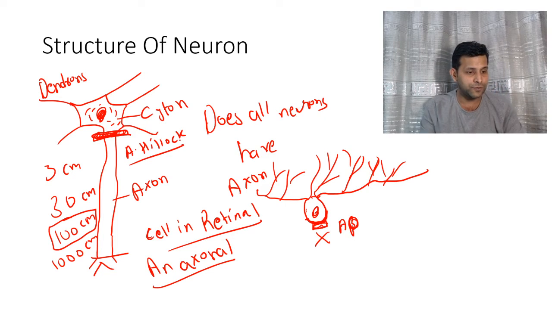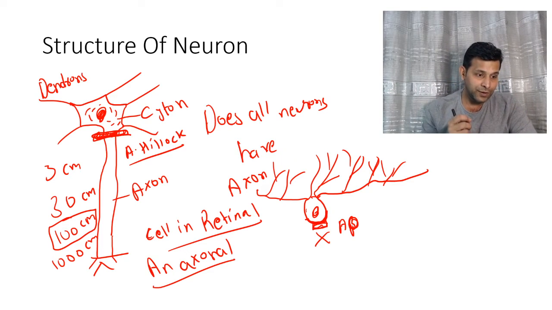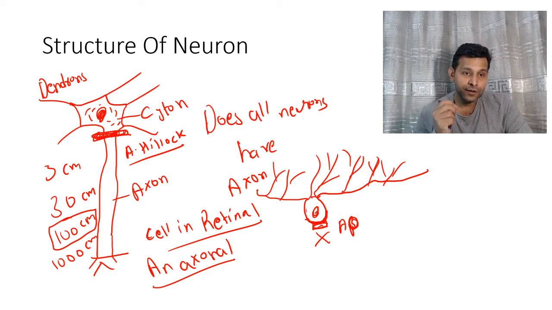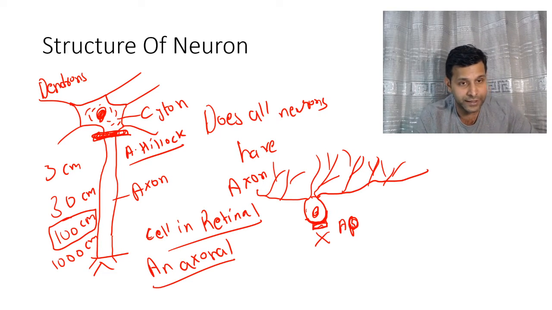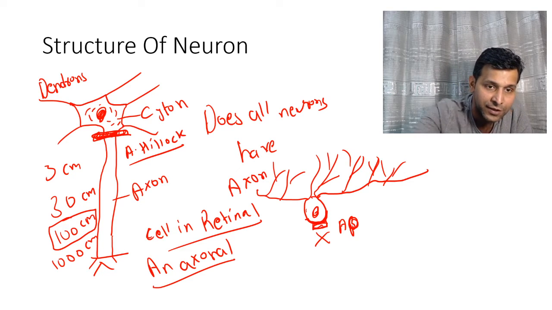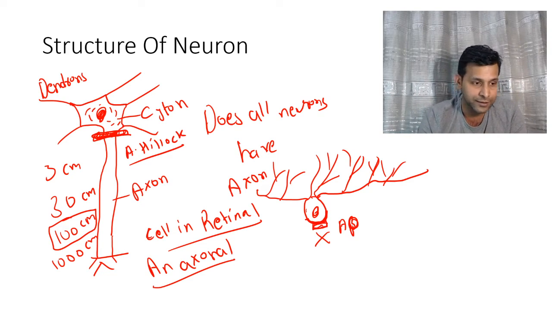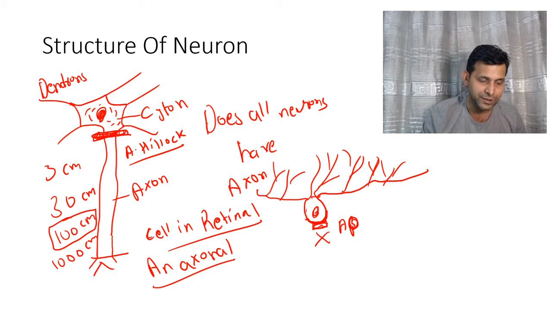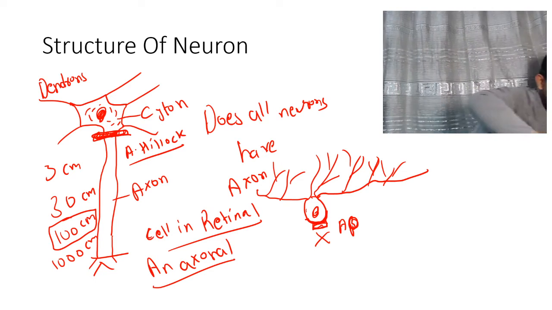My question is, what is the significance of axon hillock? Yes, the answer is the first action potential. Remember, the first action potential is generated at axon hillock.